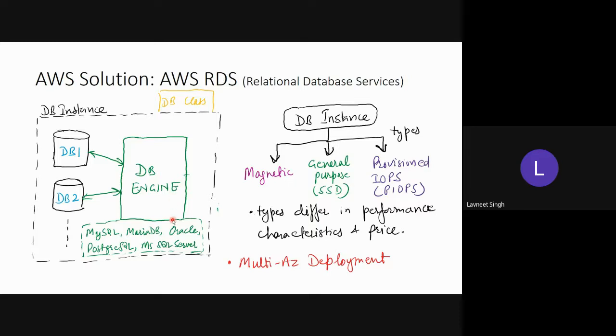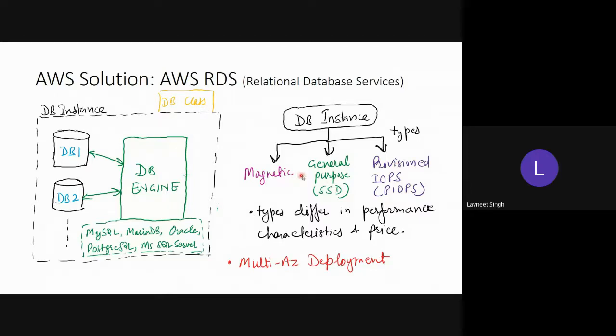Please check that out. Anyway, the general architecture is that you have a database class which you define for what kind of setup you need, and then you create a database instance of that class. Now, DB instances could be magnetic, general purpose, or provisioned.